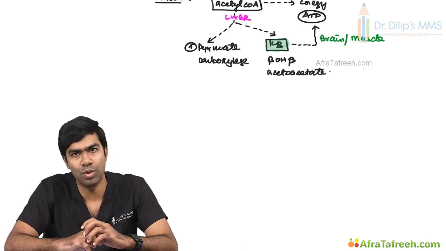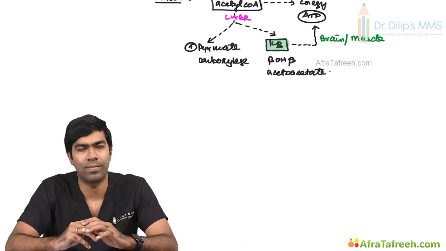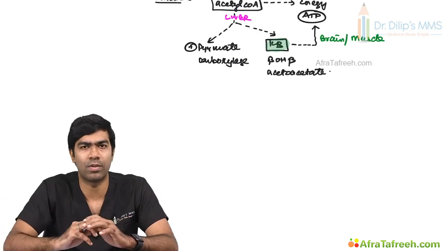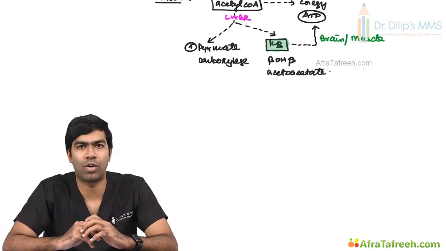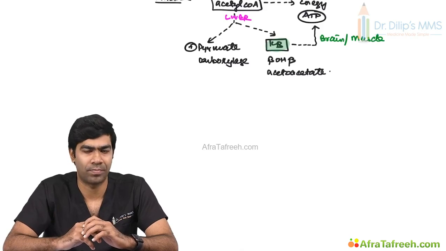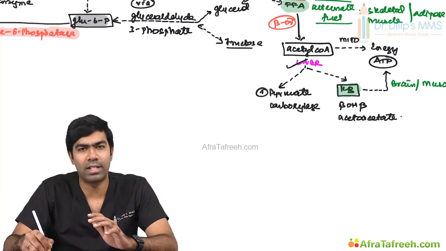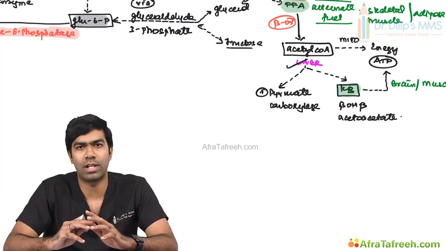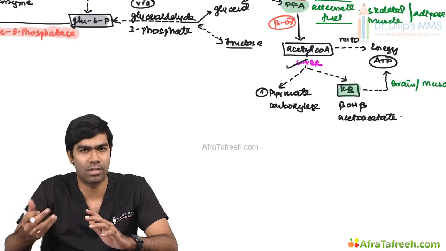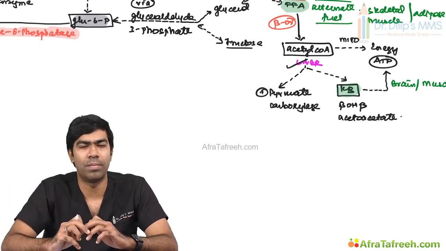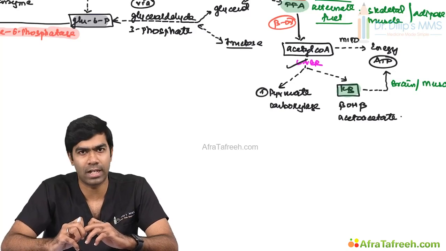And they're going to use these ketone bodies to produce acetyl-CoA, and acetyl-CoA will be subsequently sucked into the Krebs cycle in the mitochondria to produce energy and ATP. Even though ketone bodies are produced by the liver, you can see that the liver does not really utilize ketone bodies, and they give the ketone bodies into the blood to actually be utilized by the other organs which are in need at that time.